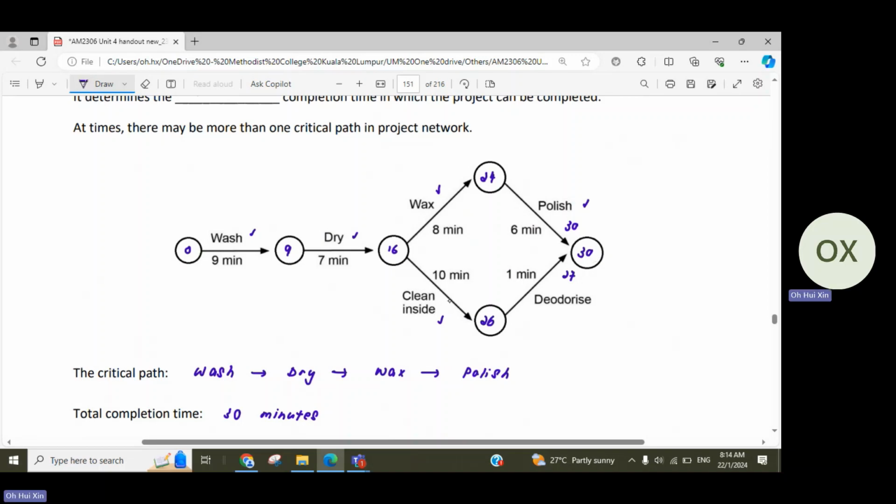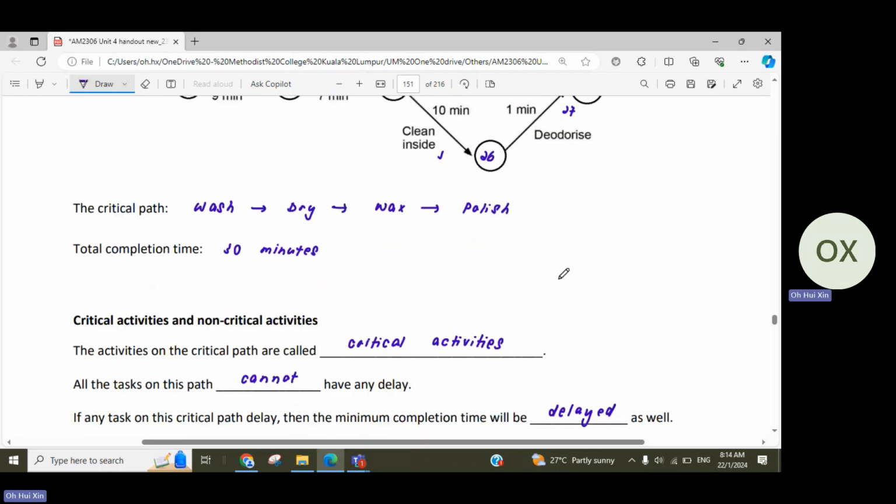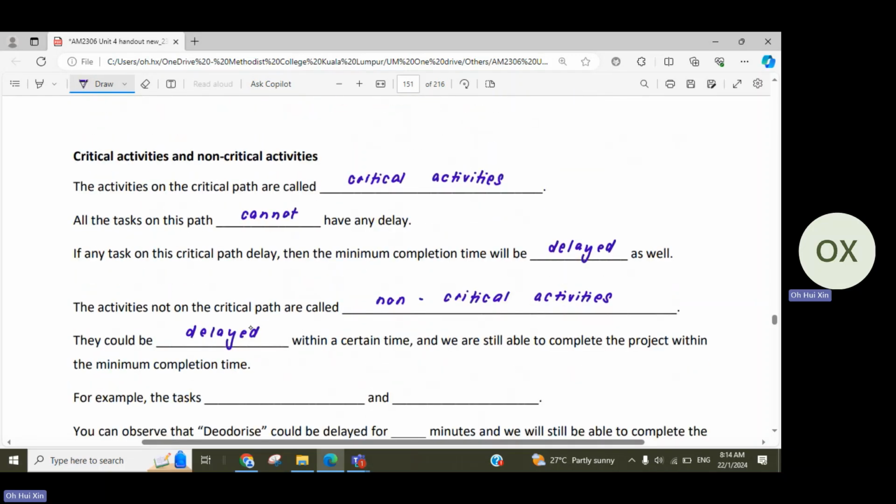So there could be a lot of things that you put a tick on, but putting a tick doesn't make it a critical activity. So remember that, okay? You are looking at the entire path with ticks, and only then are they critical activities. In this case, the activities clean inside and deodorize are non-critical.